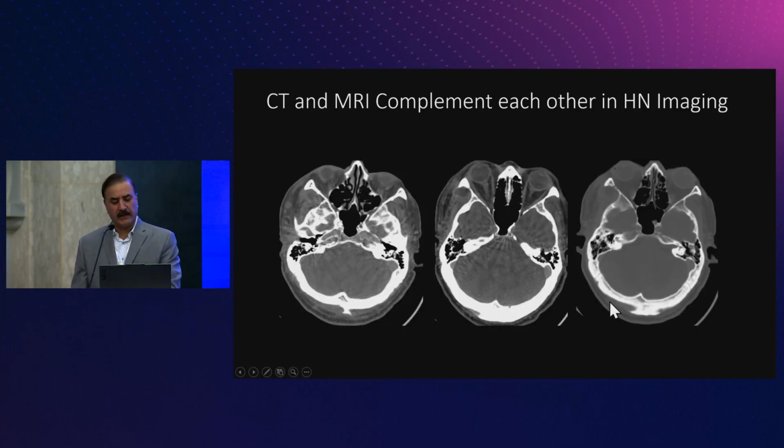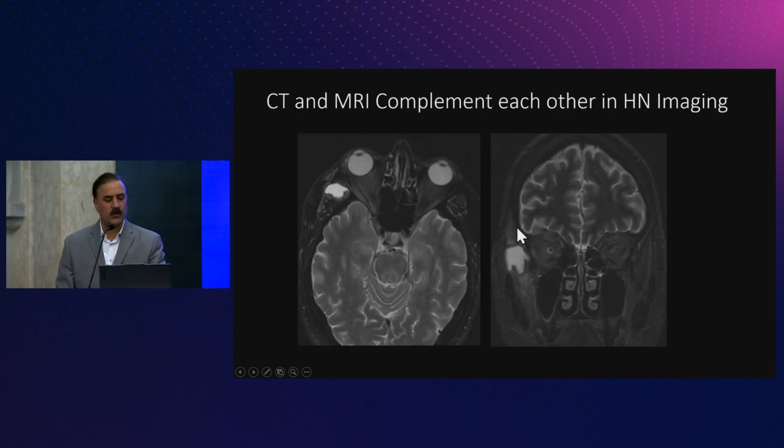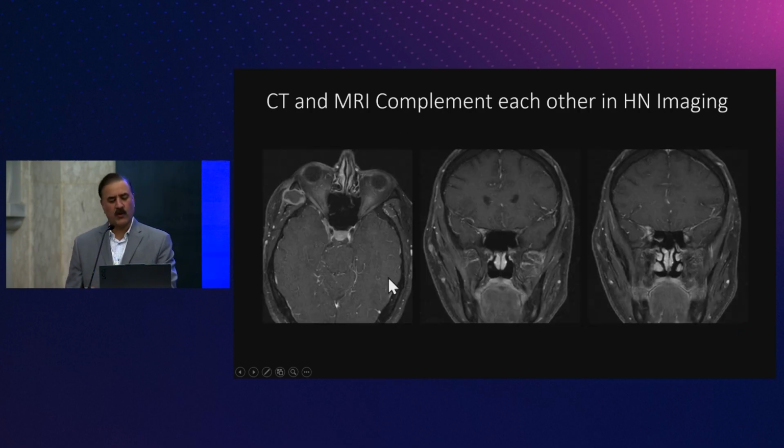But CT wasn't completely worthless, because CT did show us erosion of the lateral wall of the orbit, which MR would not have shown us. And then, of course, MR showed us the perineural extension going into the rotundum and orbital apex. So really, they can complement each other very nicely in evaluation of the central skull base.